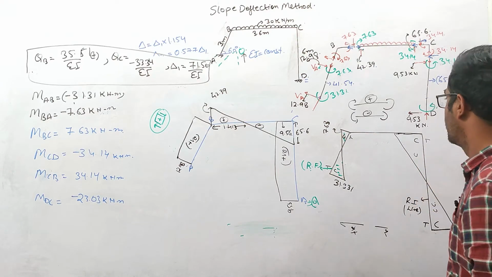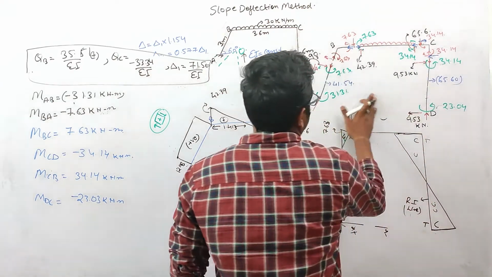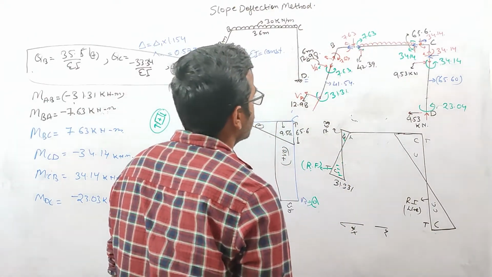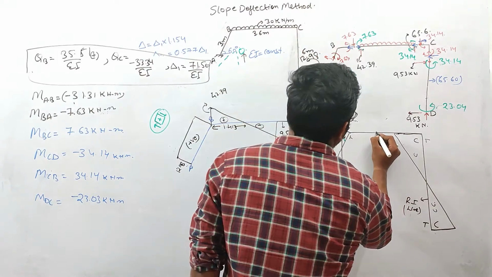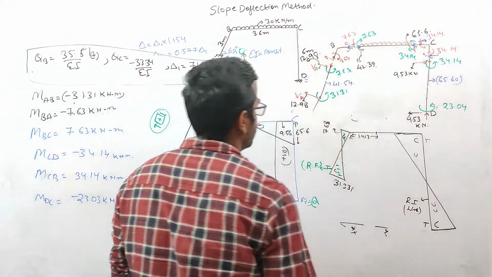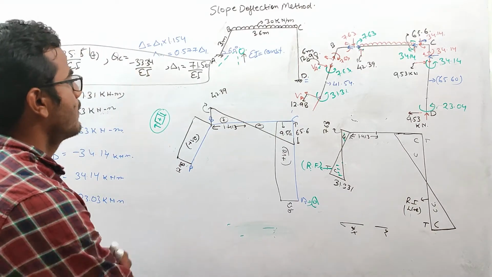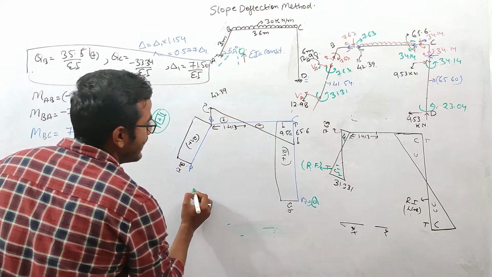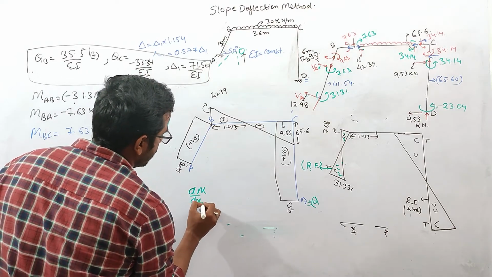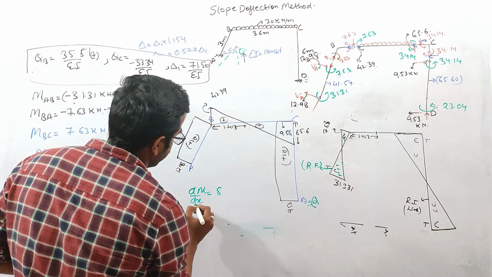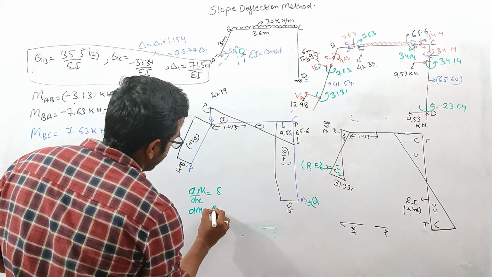Now for the BC member, the bending moment will be maximum at this distance. This we know from the shear force diagram. So how to find the ordinate at this point? As we know that dM by dx is equal to S, the shear force. So dM equals S dx.